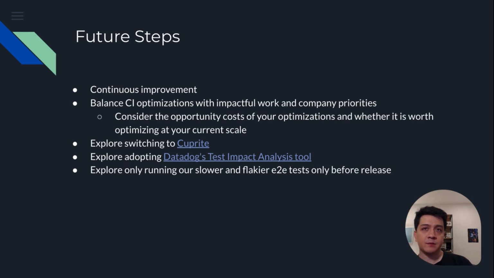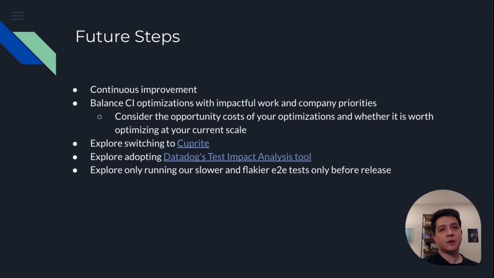And finally, we are exploring only running our slower and flakier end-to-end tests before release. Some orgs do this, and it's not too conventional, but maybe once you get to a certain size, it starts to make sense.